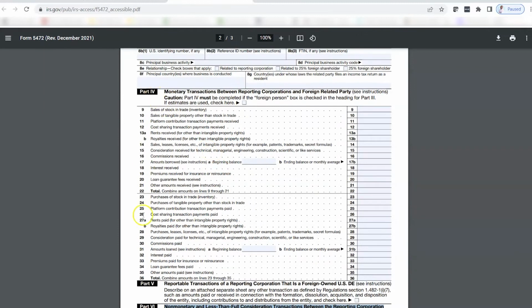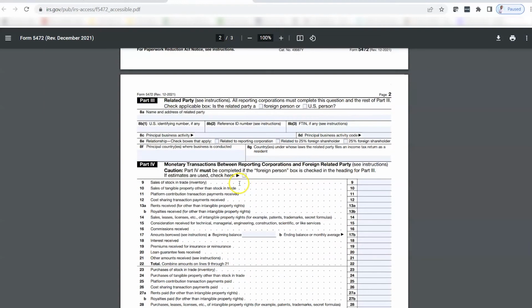So this Part IV and VI generally applies to, number one, a U.S. corporation that is owned by a foreign person and where that foreign person owns 25% or more. You could also have an LLC that has elected to be a corporation and where that LLC is also owned by a foreign person and where that foreign person owns 25% or more of the entity.